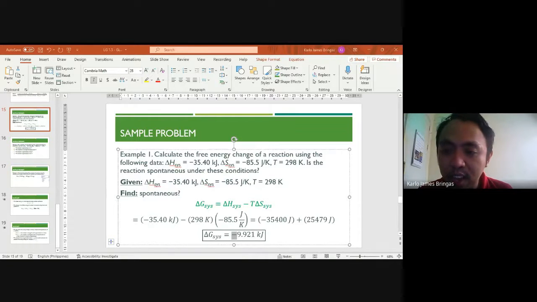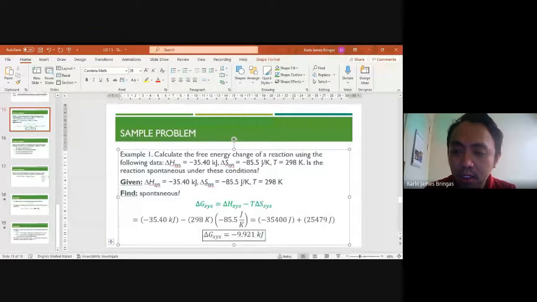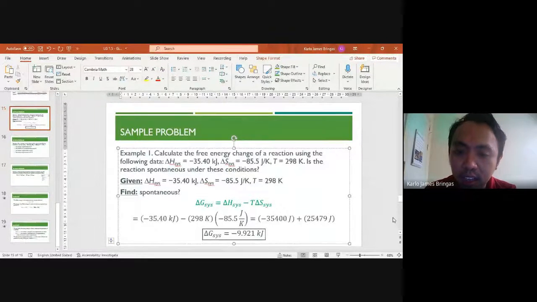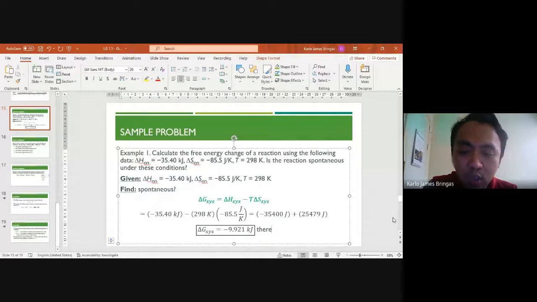Okay, so Zed and Rain both agree with Danielle that we have a spontaneous reaction. And that is correct. Since our delta G is negative in sign, we then say that our reaction is spontaneous.